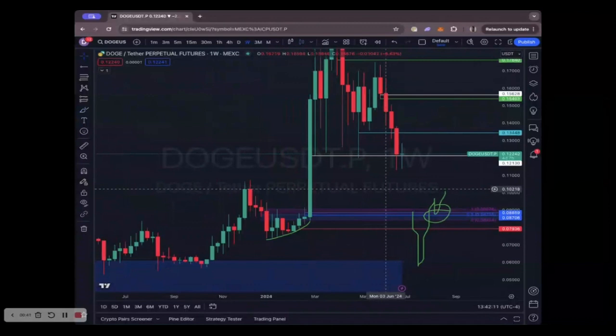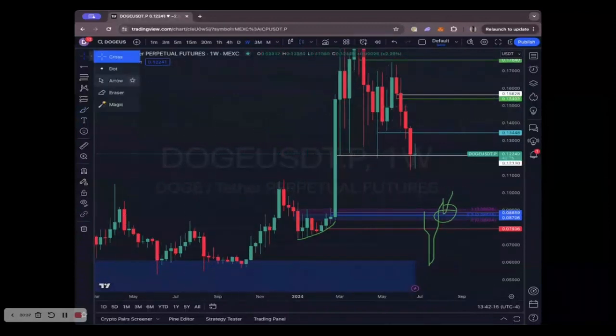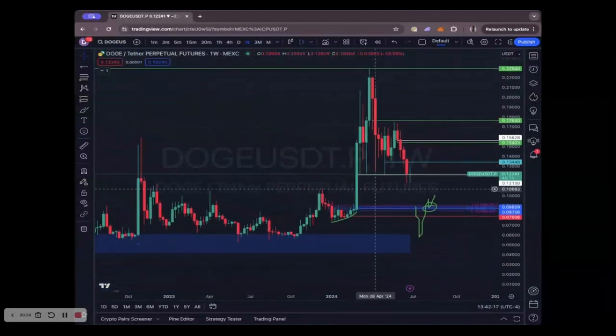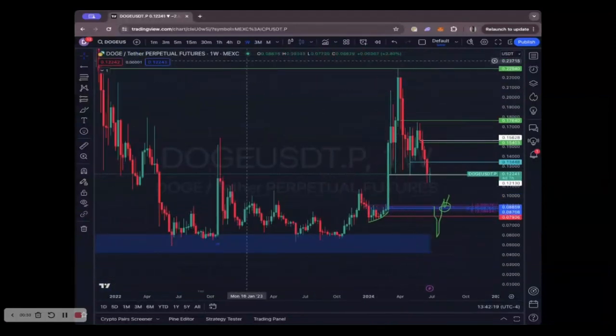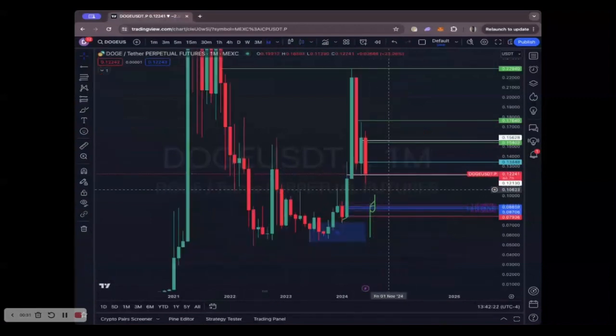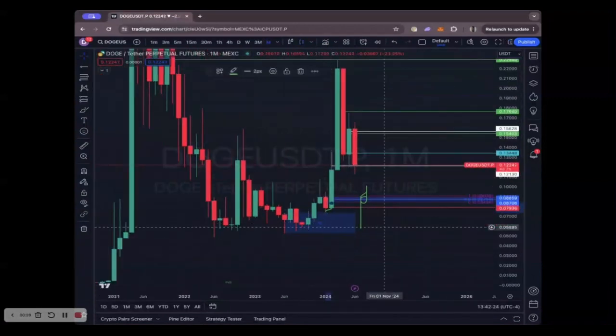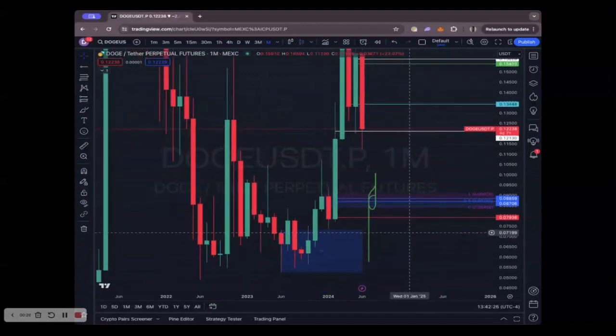So for now, I'm just staying patient. I am not touching it, but Doge is very, very high on my watch list as soon as we get a good confirmation there, because this monthly looks amazing. There's some weird things about this chart too. This OB was never tapped down here.